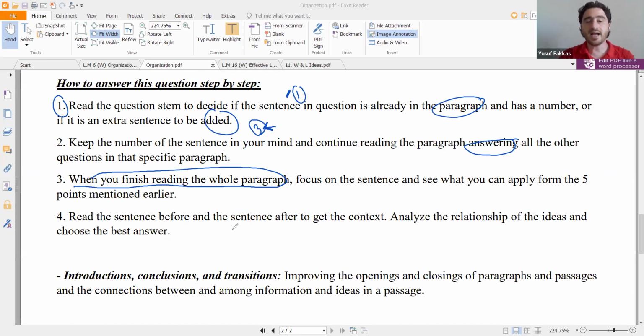Right? Now, you did, and you finished analyzing the paragraph, and you decided that it should be placed here. Before you just finalize your answer, you need to read the sentence before and the sentence after, of course, to get the context. Okay? And that will help you to choose the best answer.